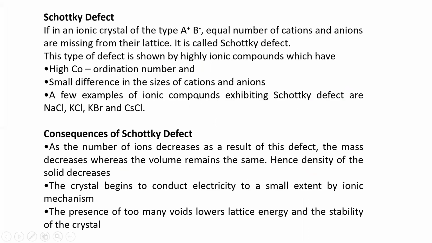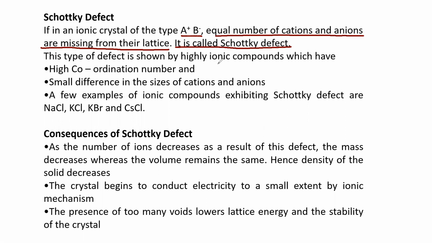Now coming to Schottky defect. If in an ionic crystal of the type A plus B minus, where A is the cation and B is the anion, equal numbers of cations and anions are missing from their lattice, it is called Schottky defect.